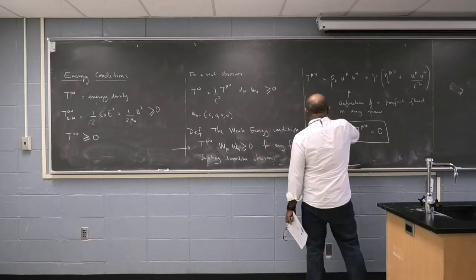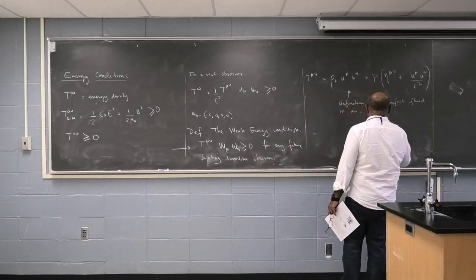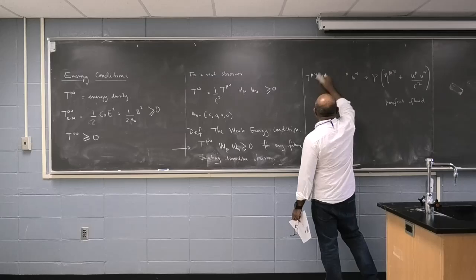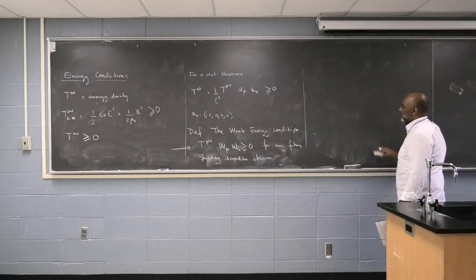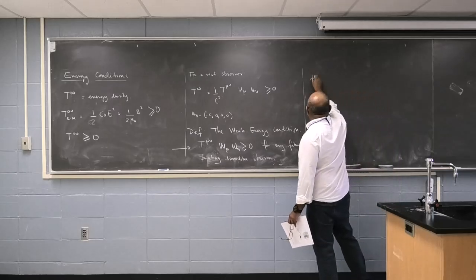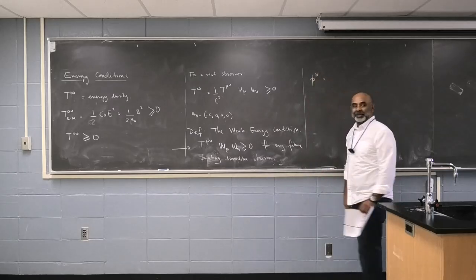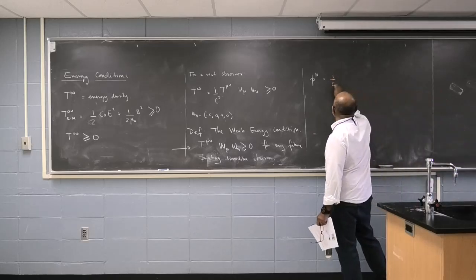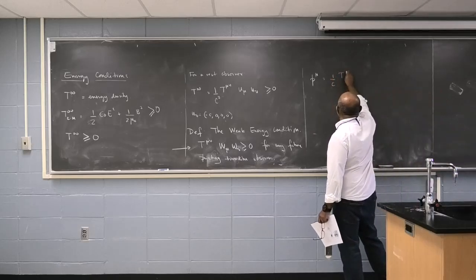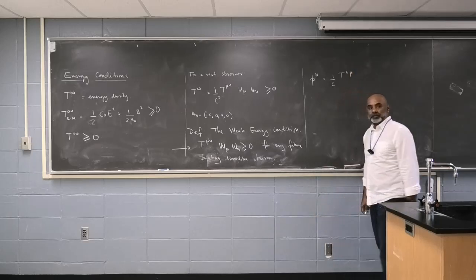Now, there's another thing. Although this is not a 4-vector, we talked about this energy momentum object. This is 1 over c T 0 mu.